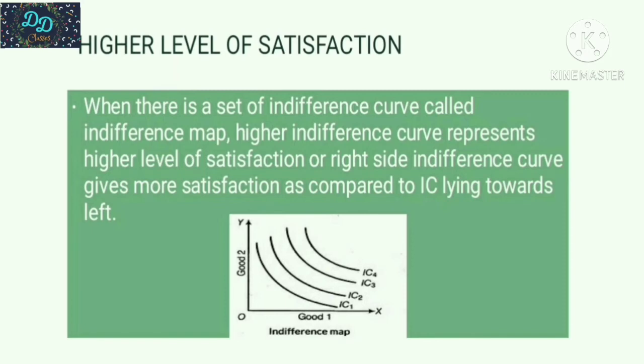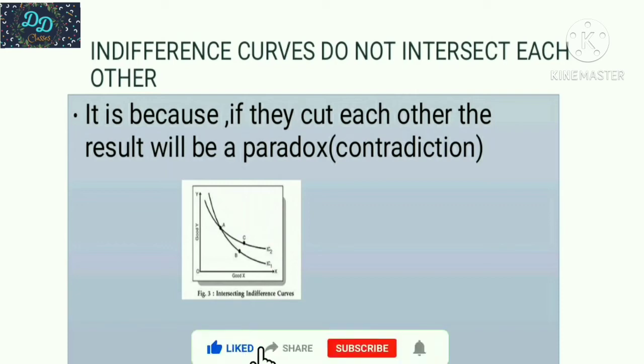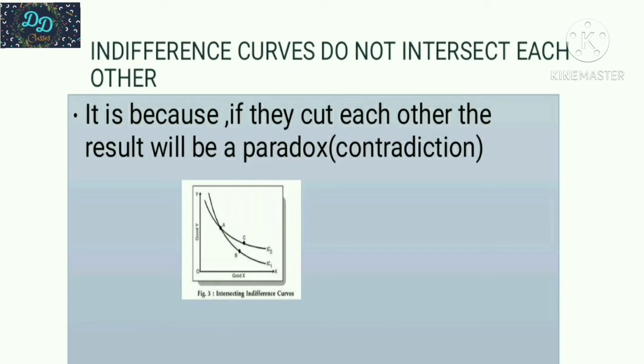The fourth one is that indifference curves do not cut each other. That is, they cannot intersect each other. Why? Because if they cut each other, the result will be a paradox, that is a contradiction. Here are two points, A and B, on an indifference curve, that is A equals B, as points on the same IC give equal satisfaction to the consumer.